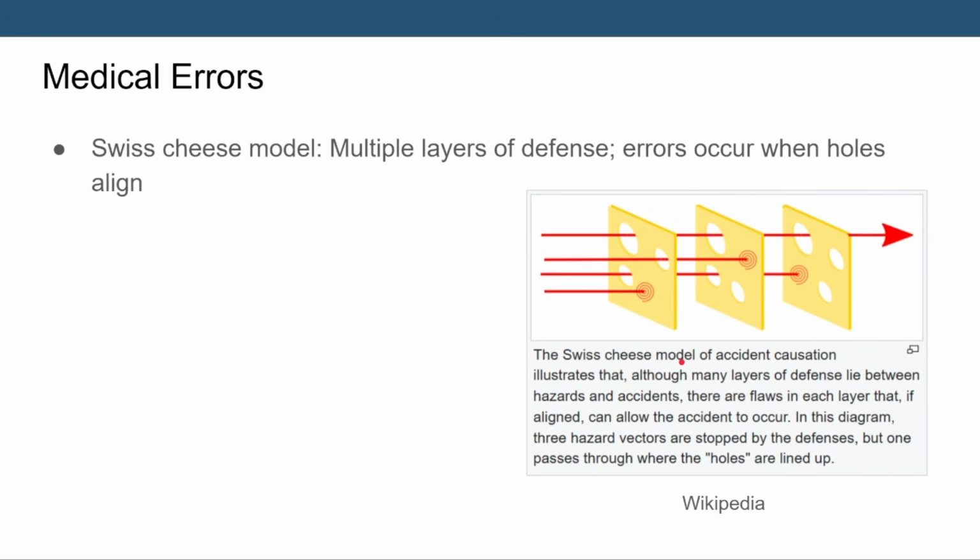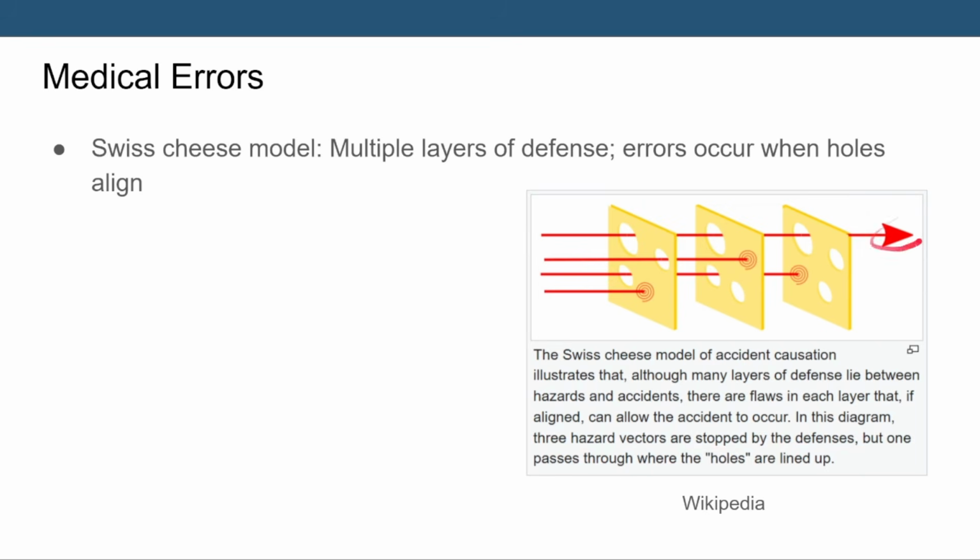So it says the Swiss cheese model of accident causation illustrates that although many layers of defense lie between hazards and accidents, there are flaws in each layer that, if they align, can allow the accident to occur. So in this diagram, 3 hazard vectors are stopped by the defenses, but one passes through where the holes are lined up.